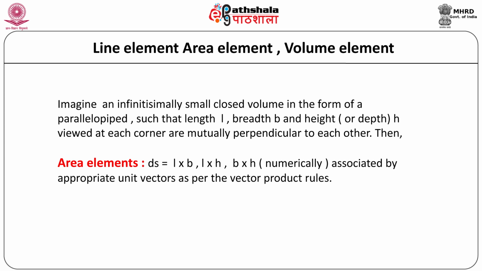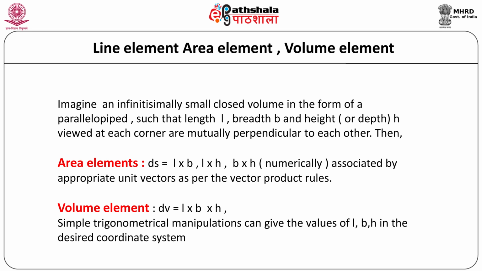Then the area element ds is given by the product of the two, namely L into B, L into H, B into H numerically, associated by appropriate unit vectors as per the vector product rules, and volume element dV is equal to L into B into H.